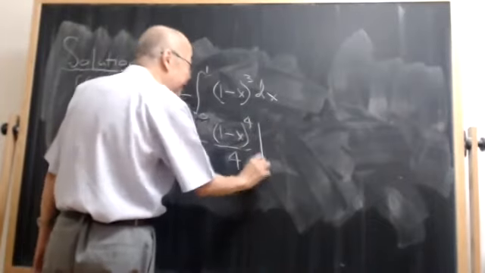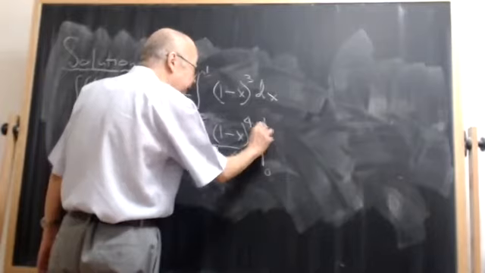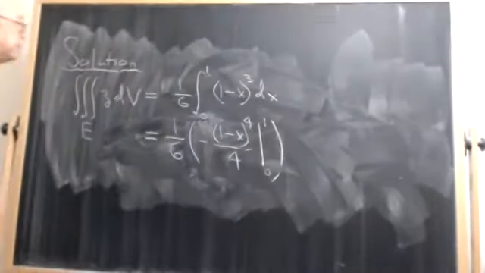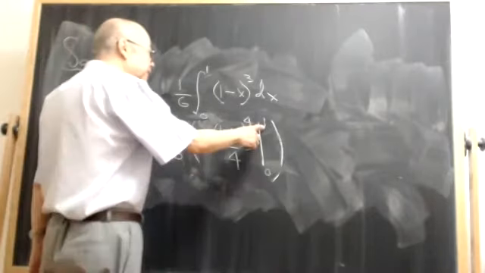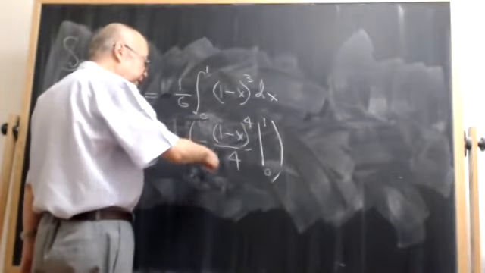And then you evaluate at 0 and 1 and subtract. So as before, when you put x equal to 1, you get 0.